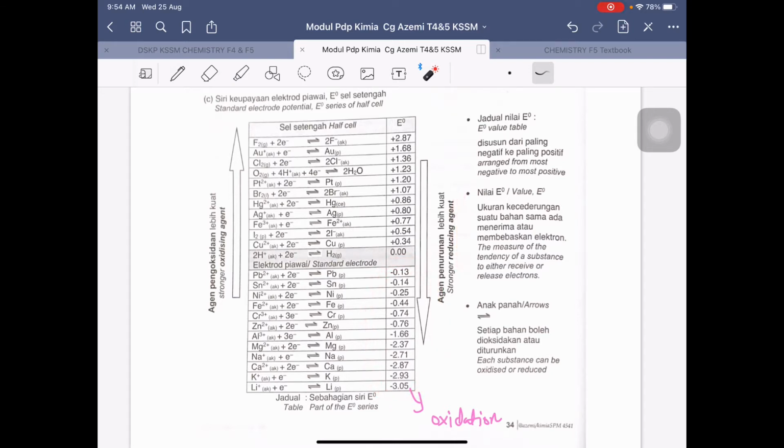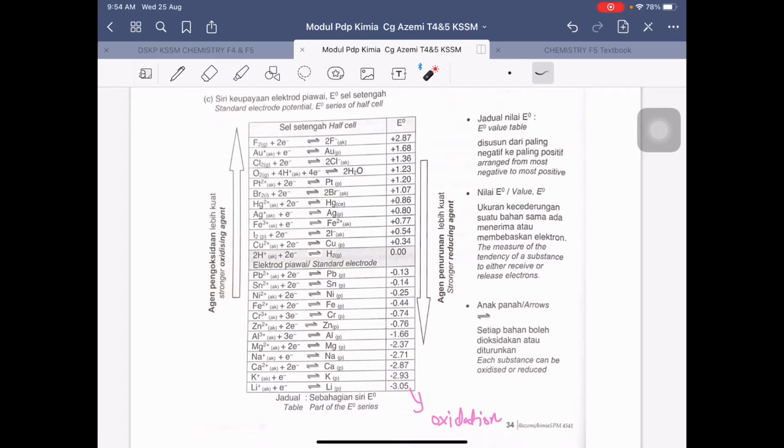Diorang akan jadi reducing agent sebab diorang mengalami proses pengoksidaan. Dan sebaliknya, to those which have the E0 positive value, these all will undergo reduction. So since they undergo reduction, they are going to be oxidizing agent. Makin besar itu nilai positif atau negatif, makin kuatlah diorang punya peranan, the stronger.